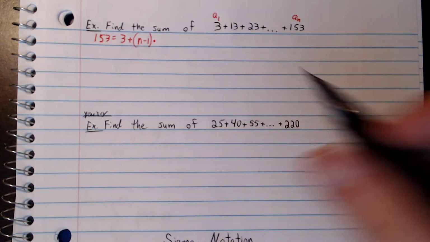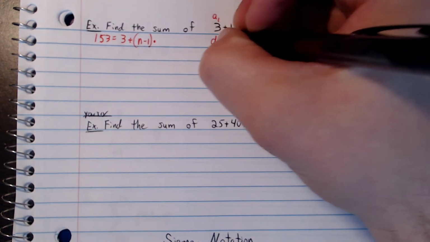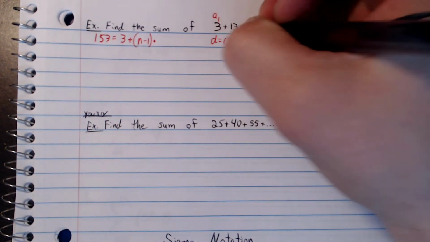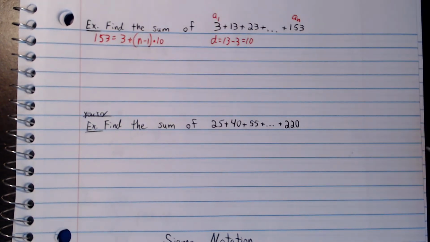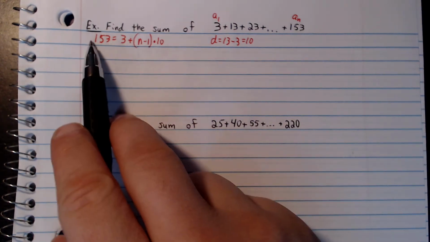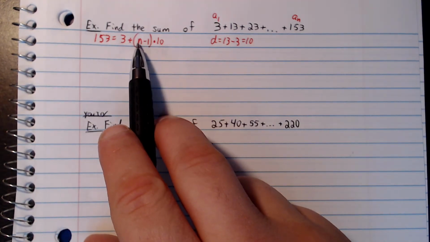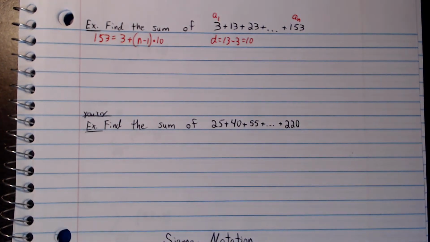We've got to figure out the common difference. All right, no big deal. 13 minus 3 is 10. So here's our common difference. This is the formula from yesterday. We need it to find n, and then we can plug it into the new formula from today.